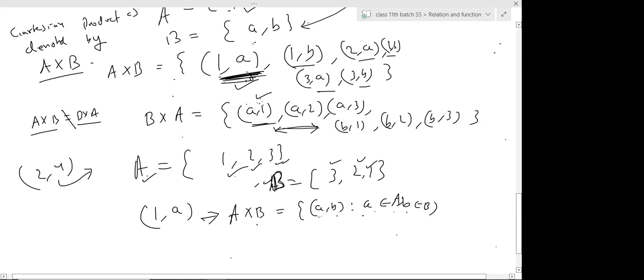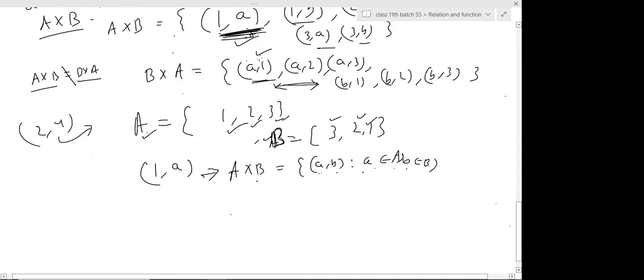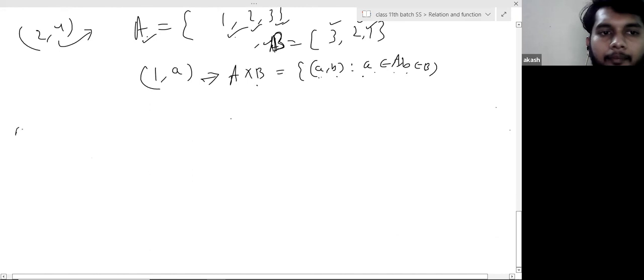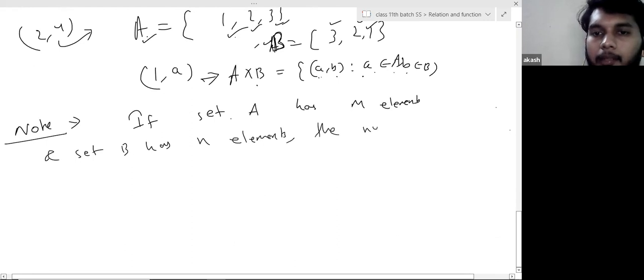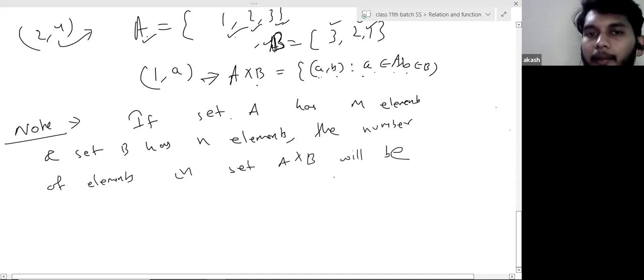All right. So let's write one note. If set A has m elements and set B has n elements, the number of elements in set A cross B will be, can anyone tell me the answer?